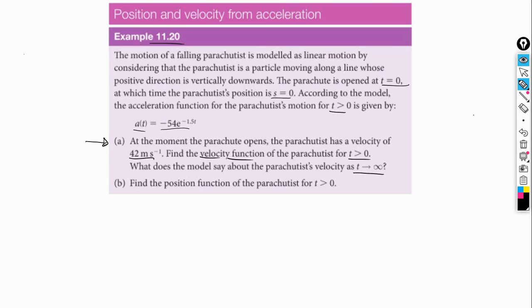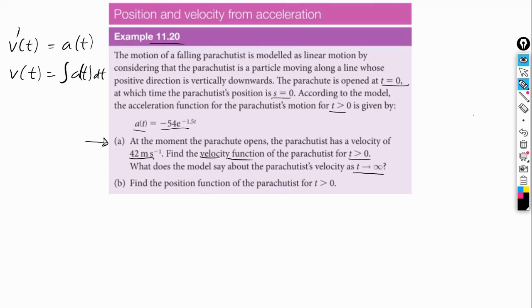Let's remember that the derivative of the velocity function is equal to acceleration. Therefore, the inverse of this is true. We can find the velocity by integrating the acceleration function.